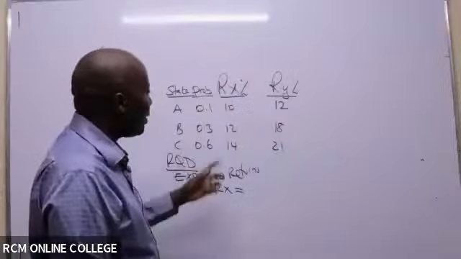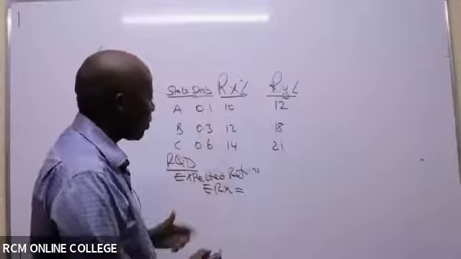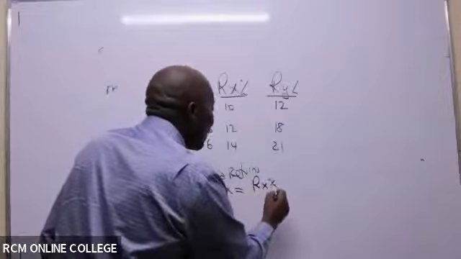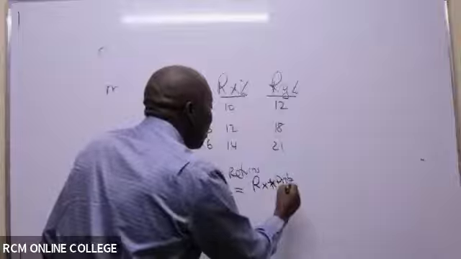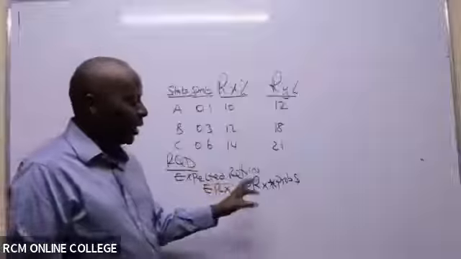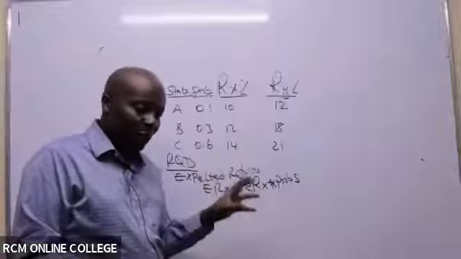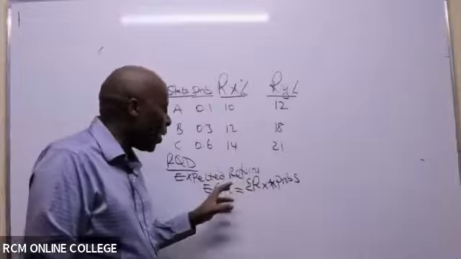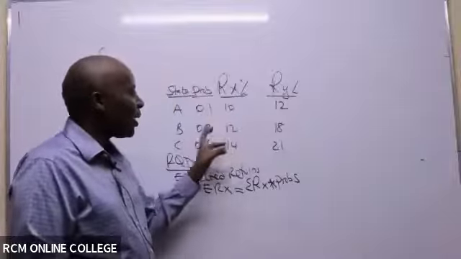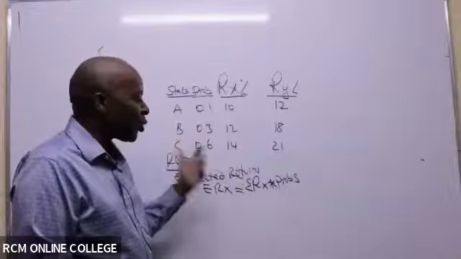How do we get the average? In light of probabilistic information, to get expected returns, you take the actual returns given times their corresponding probabilities. So you multiply, then you add.